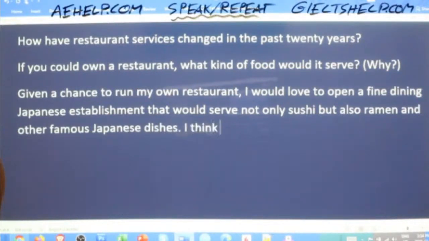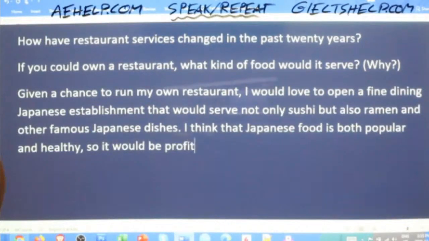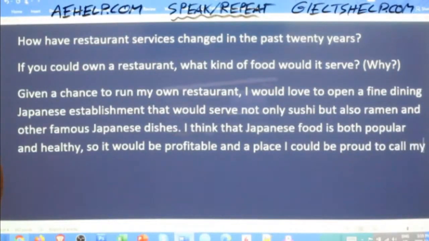I think that Japanese food is both popular and healthy. So it would be profitable and a place I could be proud to call my own.